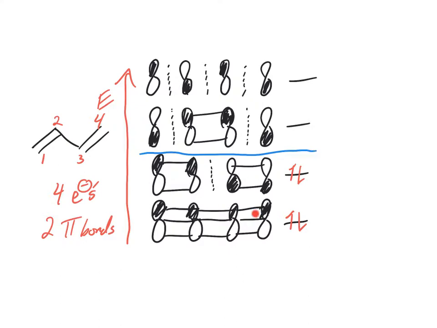So the way we think about this, what we really care about is these electrons and empty orbitals in the middle, right? We want to find the highest energy electrons. We call that the HOMO, the highest occupied molecular orbital.